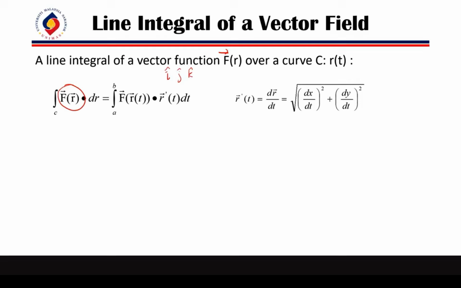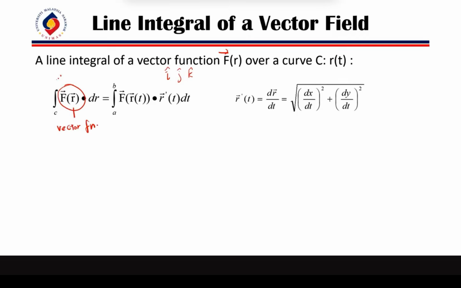So this is the equation of the line integral of the vector field. The difference is that the function is a vector function, denoted by this.